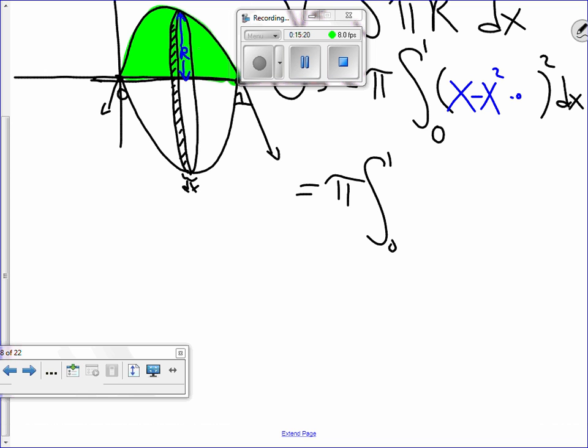First term squared, x squared. Twice the product of the terms: minus 2x cubed. Plus the last term squared: plus x to the 4th.